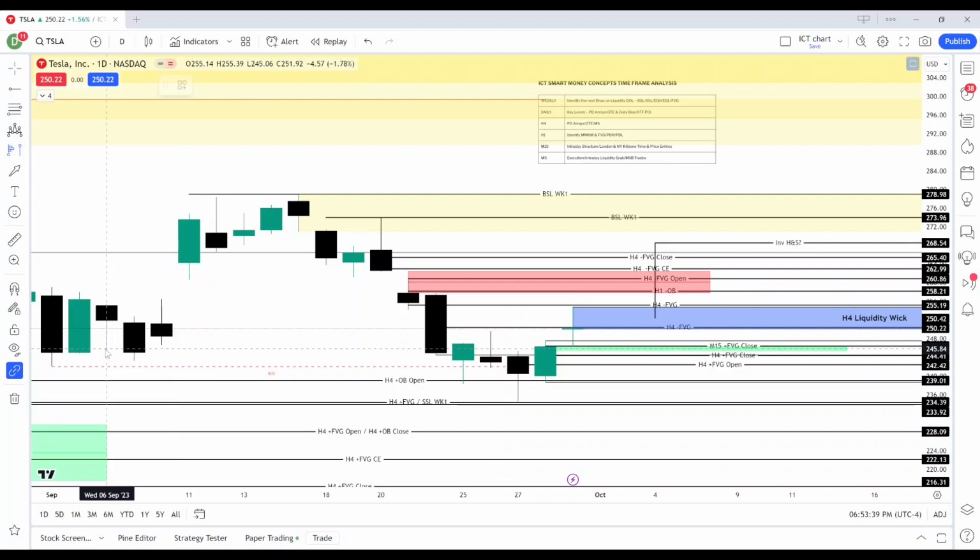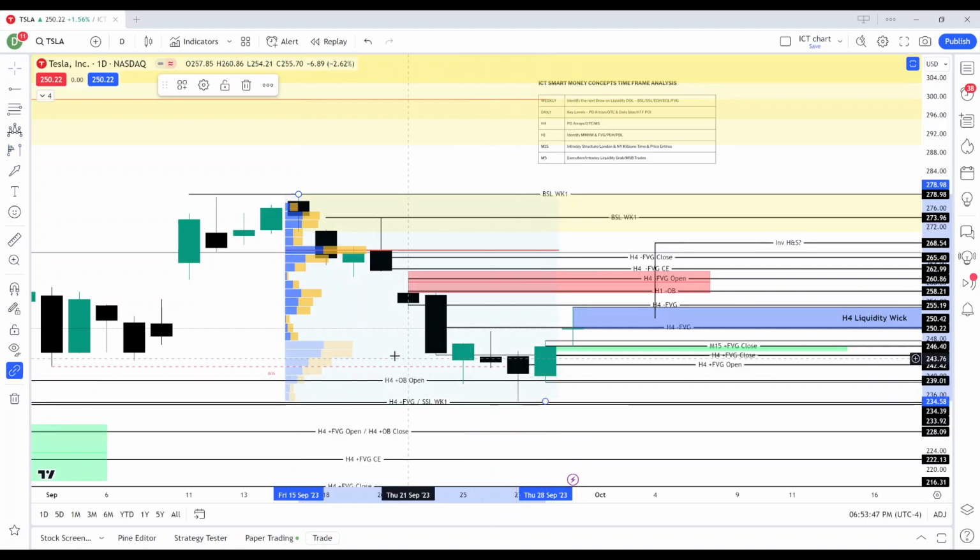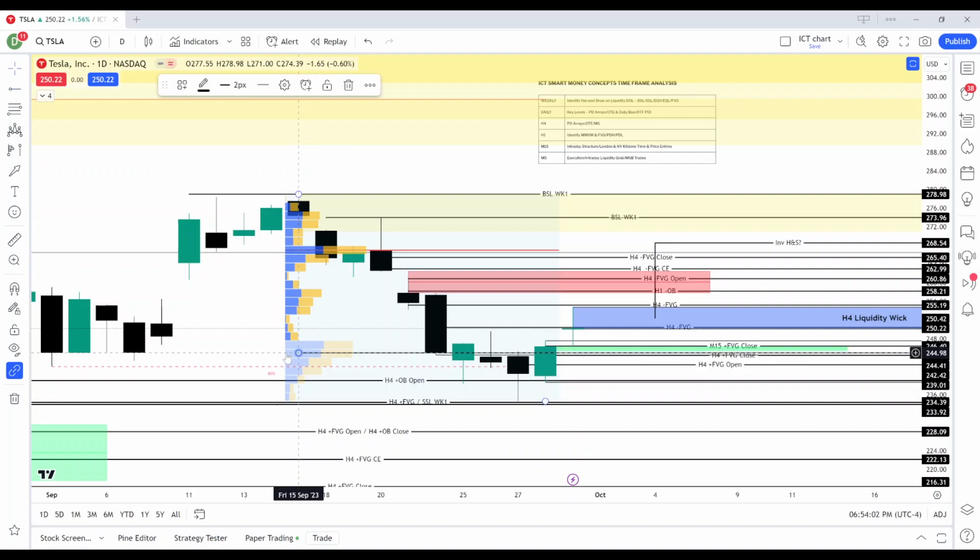Okay, so for that, we are going to look at using our fixed range volume profile, and we're going to look at the volume profile from this entire move here. And let's see where the point of control is. Okay, so something I'm going to do here is I'm going to slap in right here. We'll just call it here.